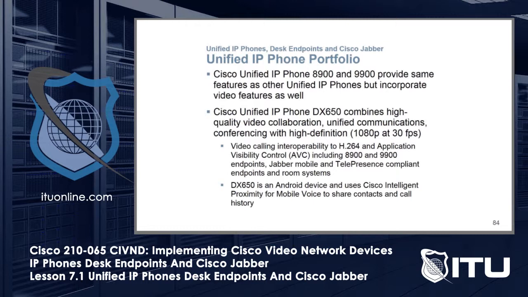including those large telepresence room systems, the fully immersive telepresence room systems that we see. The DX650, unlike the 8900 and the 9900 series phones, is an Android compliant device. So it's going to use the Android operating system, which gives us a whole lot of flexibility for installing applications and plugins on the phone itself.